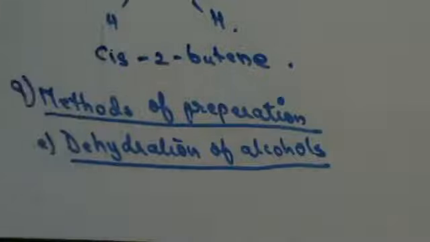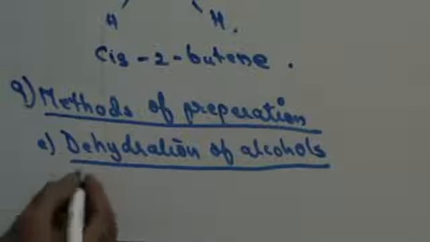Now, what do you mean by dehydration of alcohol? Dehydration means elimination of a water molecule. When alcohols are strongly dehydrated by a dehydrating agent like concentrated sulfuric acid, they lose a water molecule and get converted into alkene.